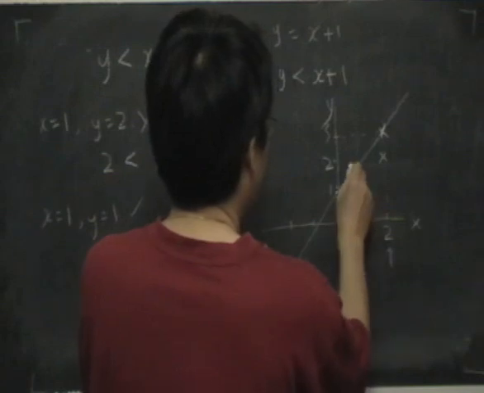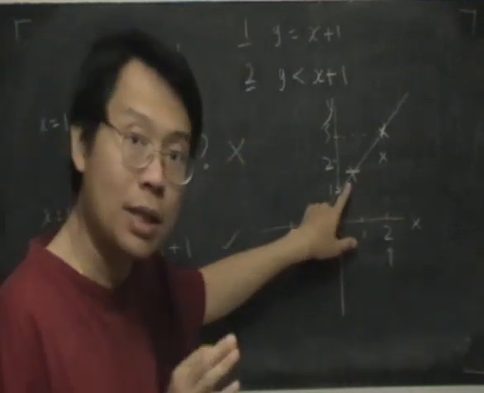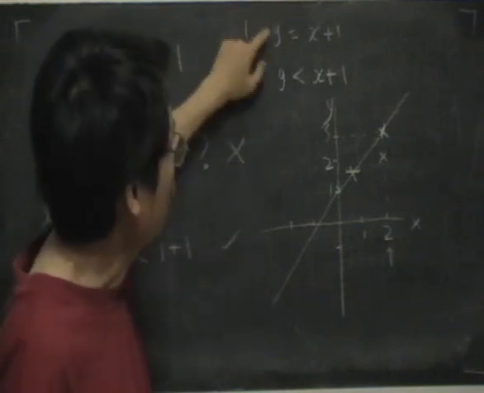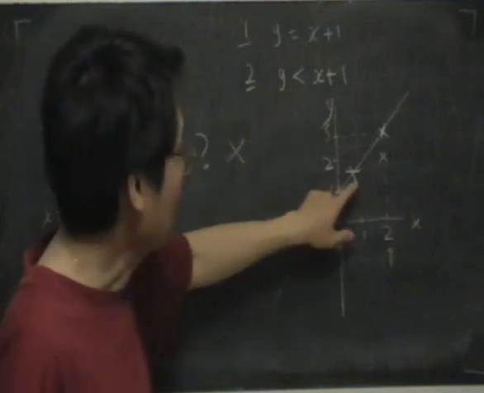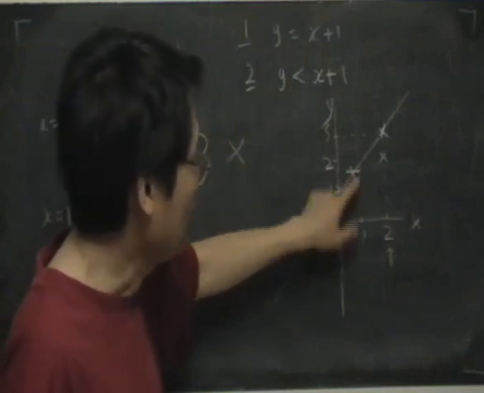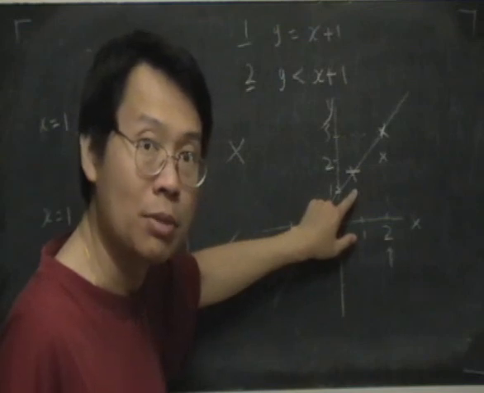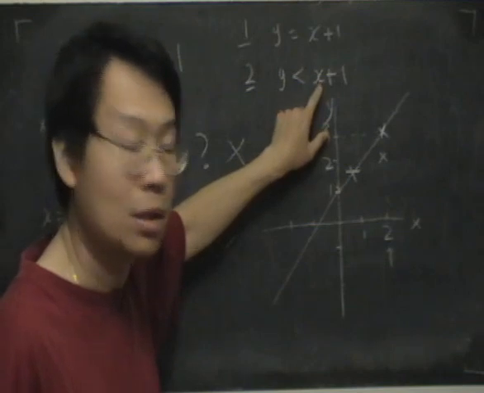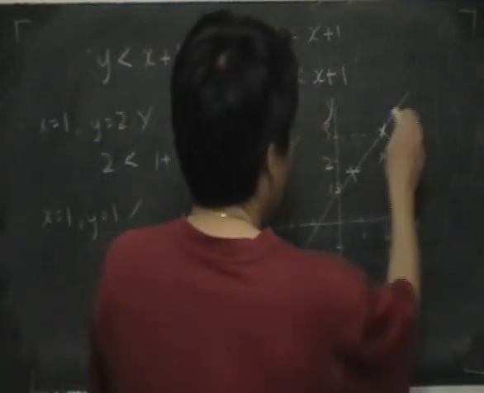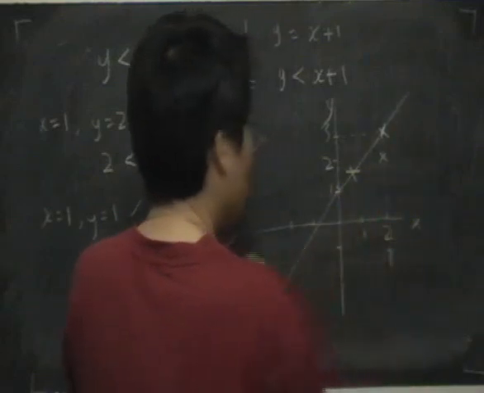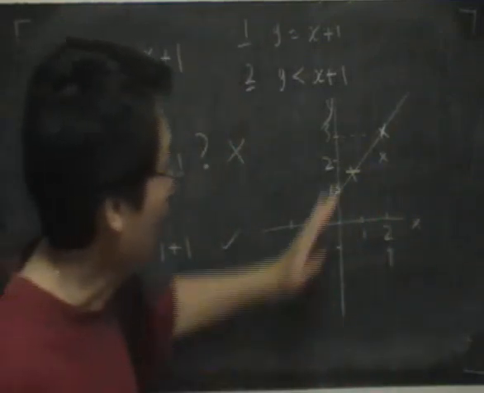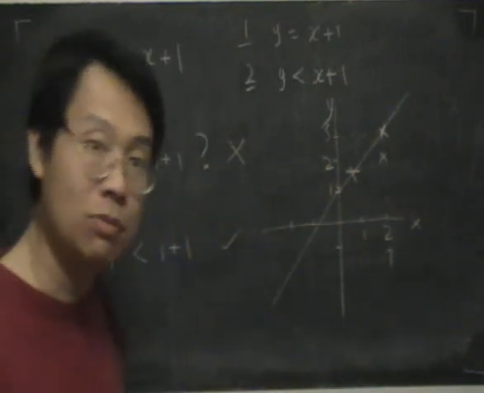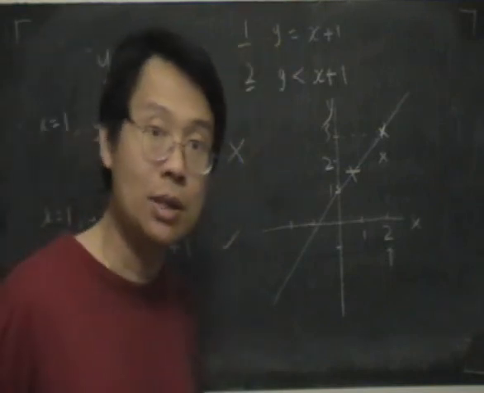A point on the line would satisfy this equation, but if we change the equal sign to a less than, the point has to come below the line, because then y will be less than x plus 1. So any point below that line will represent a set of x and y that satisfy the inequality.